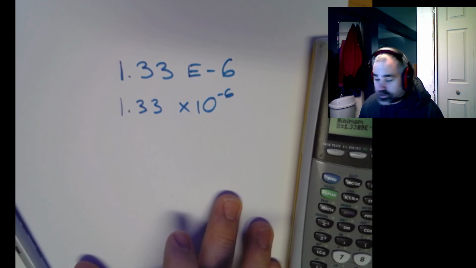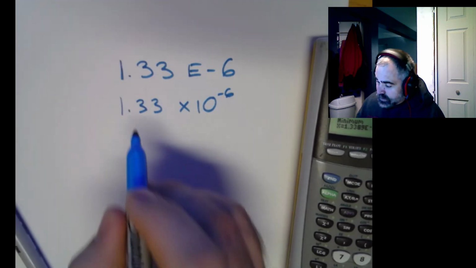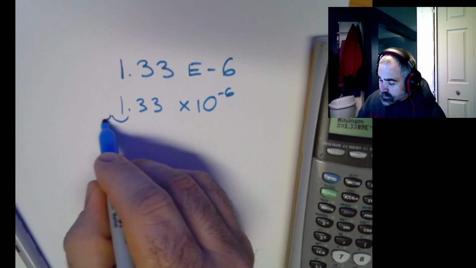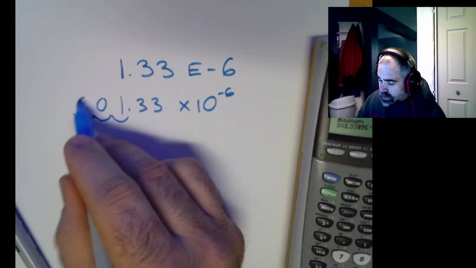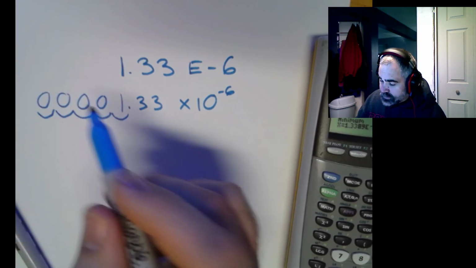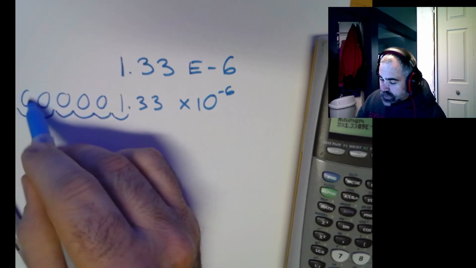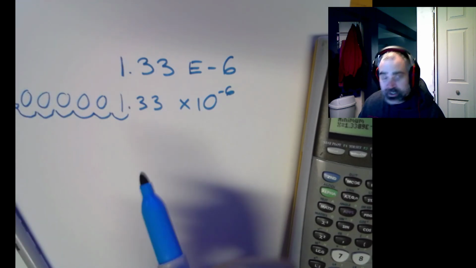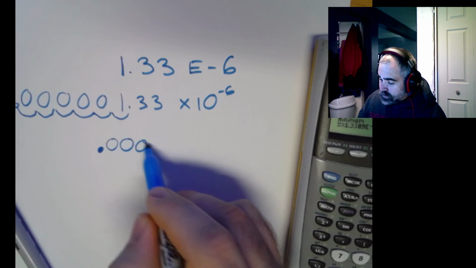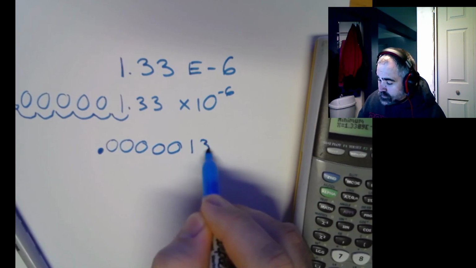So what this really means is I would have to move my decimal point 6 places to the left. 1, 2, add a 0, 3, add a 0, 4, add a 0, 5, add a 0, 6, add a 0, and that's where my real decimal place is. What this actually means is this is 0.000001 3 3.